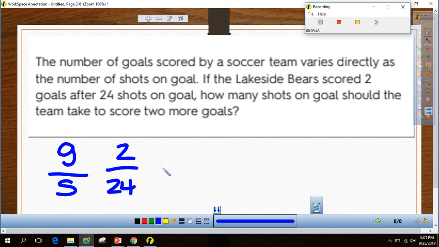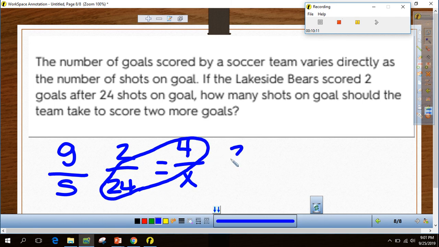How many shots on the goal, so shots is what I'm looking for, so that's where I'm going to leave my x. Should the team take to score 2 more goals. Well, I already had 2, so to make 2 more goals, that would make that 4. So now I just have a basic proportion here to set up. 24 times 4 is equal to 96.